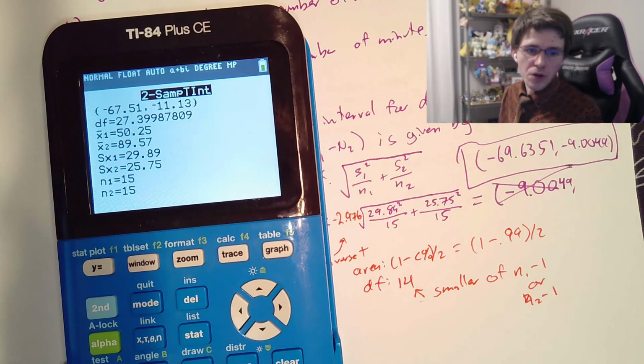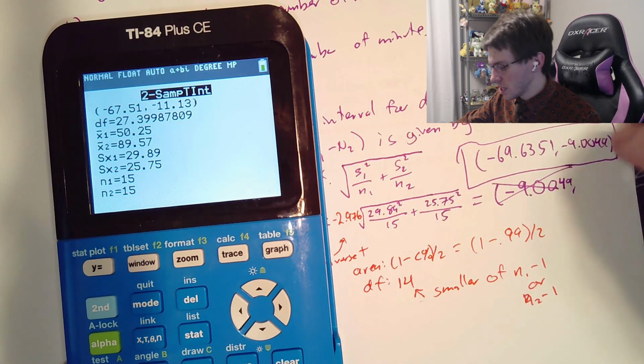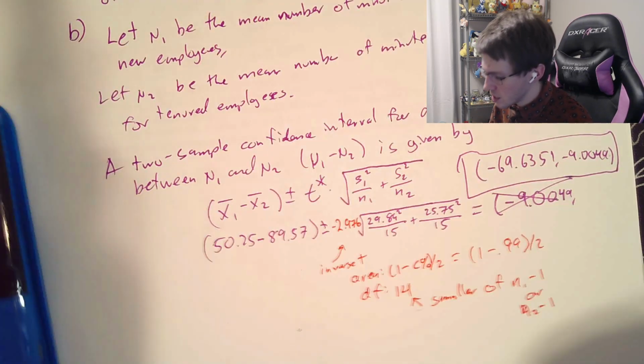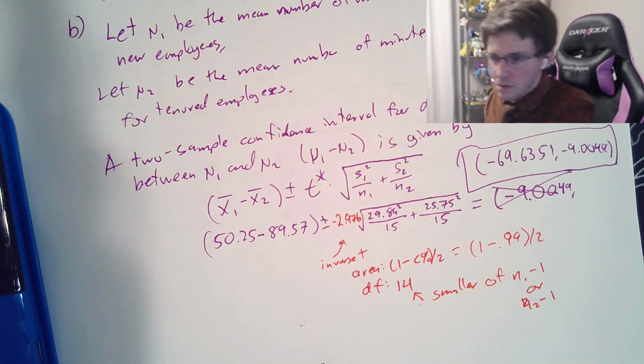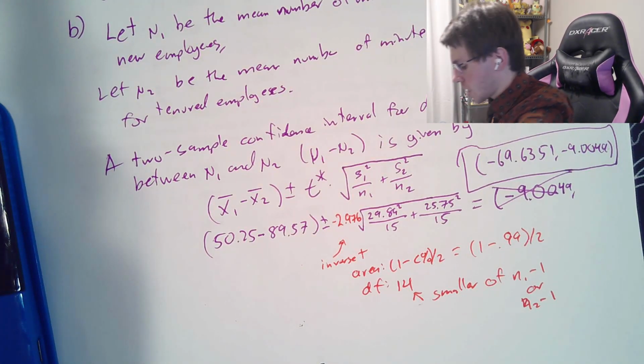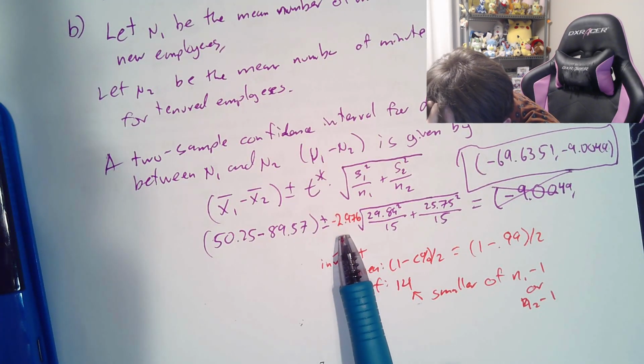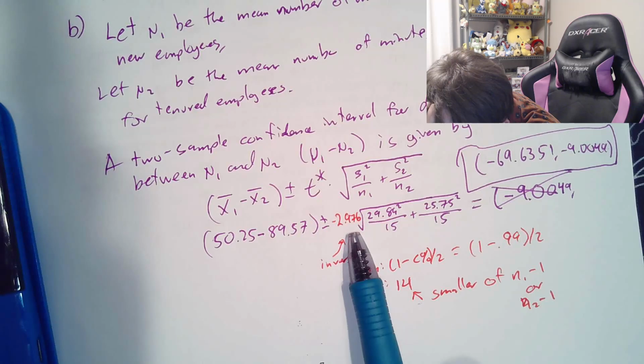I wonder if it tells us degrees of freedom on there. So what you could do, if you went through this entire thing, is go back and figure out what you want your answer to be. This answer is acceptable if you wrote this degrees of freedom. But if you use the calculator, you're going to want to use the calculator's degrees of freedom for finding your t-star.